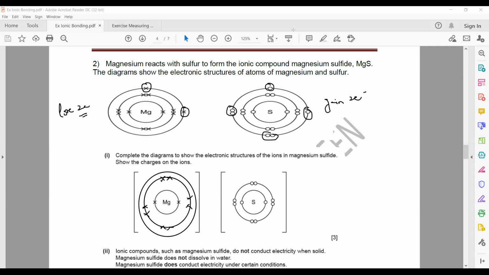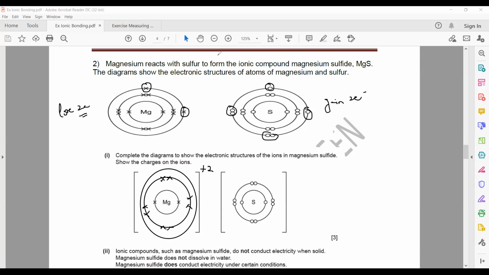So both ways are acceptable. And because magnesium is losing 2 electrons, the charge on magnesium will be +2.